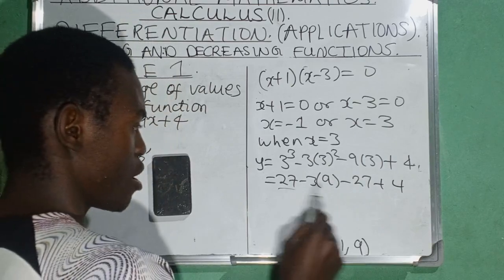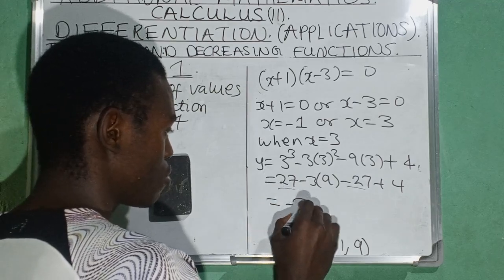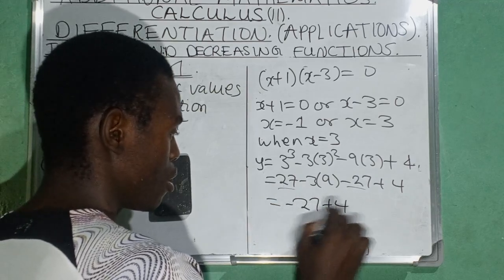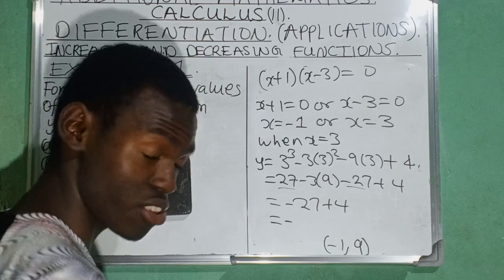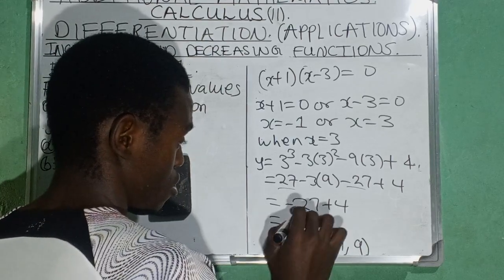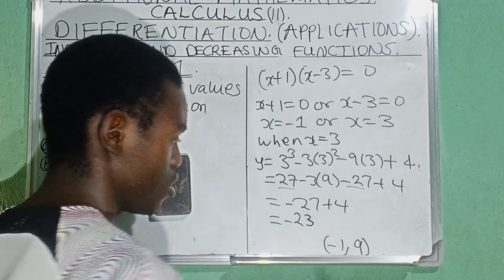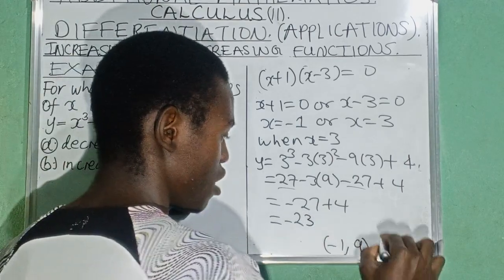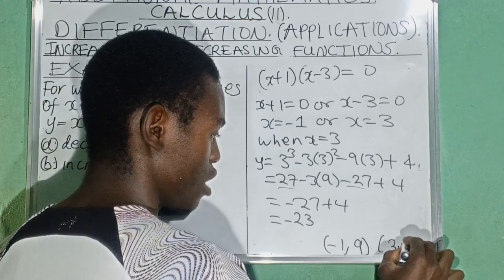So 27 minus 27 you're going to have 0. So it's going to be equal to negative 27 plus 4, which is a negative 23. Yes, negative 23. So your second turning point is positive 3 comma negative 23.